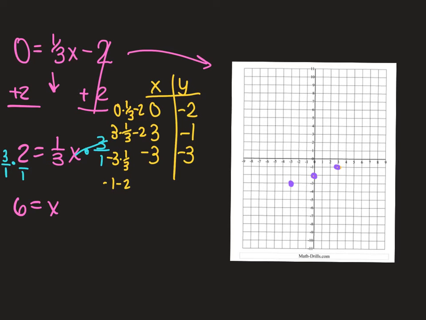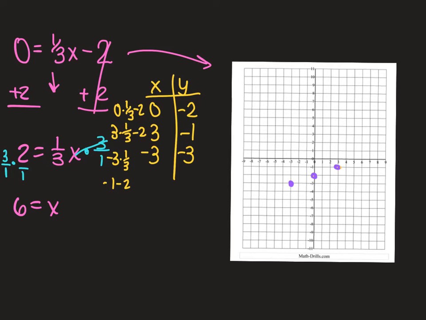Well, if I connect these, they don't actually cross anywhere. They don't cross this line. So do I say no solution? I know that it's supposed to cross at 6. I don't think I picked the right numbers, and you're not going to know until you just start picking.